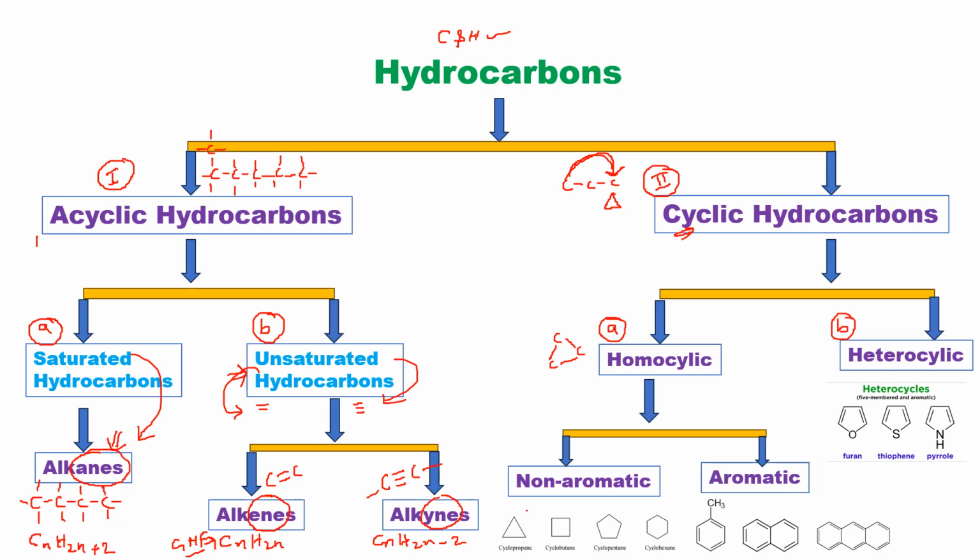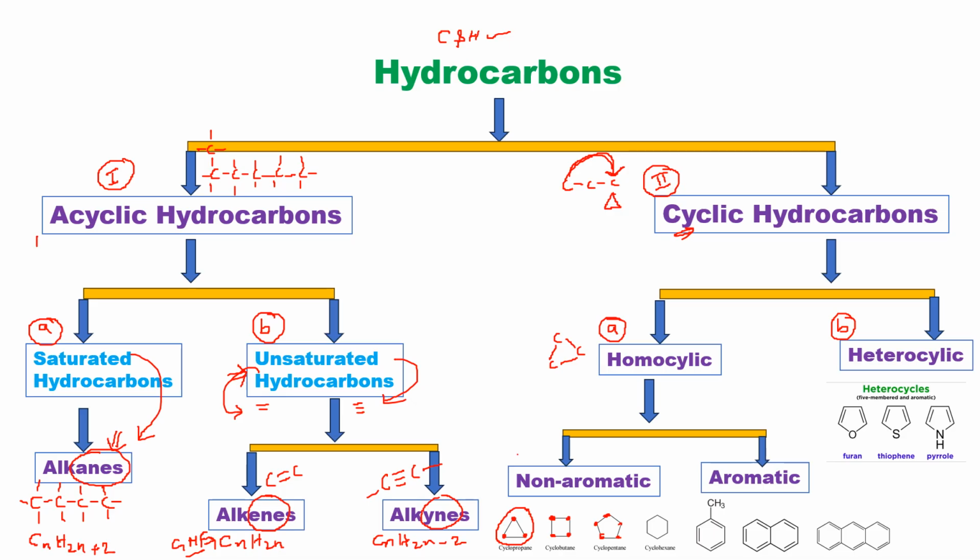For example, cyclopropane. These junctions contain carbon atoms. Or you take cyclobutane. These junctions contain only carbon atoms. Or you take this one. It is made up of only carbon atoms. We could call it pentane, but it is in the form of a cycle, so you have to pronounce it cyclopentane.